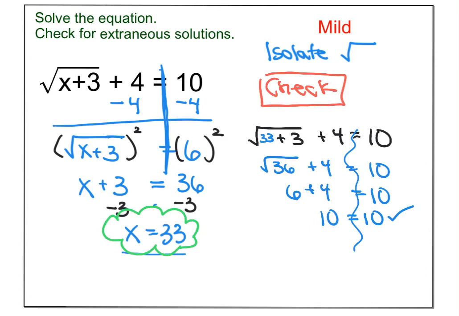The one step students get hung up with is right here. They say, isn't the square root of 36 a plus or minus 6? Well, when we're checking our answers, we're only going to use the positive square root. If you remember back in chapter 3, when we dealt with our function families, the square root family had a domain where x was greater than or equal to 0.